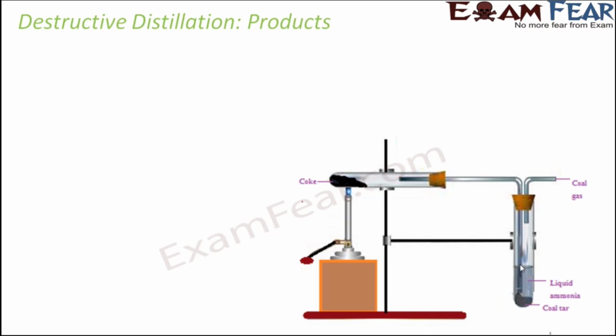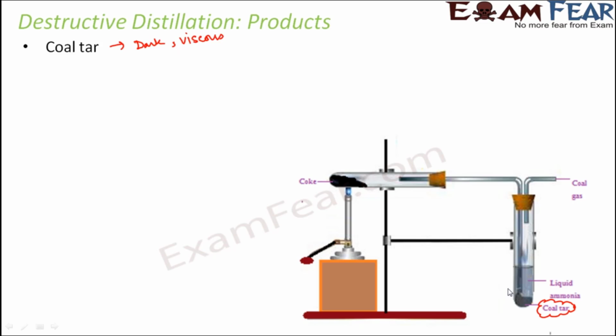These colorless vapors condense to form a black viscous layer at the bottom of the vertical tube, and this layer is called coal tar. If you see, it is a dark viscous layer. Coal tar is dark, almost black in color. It is a viscous liquid, so it seems to be very thick in nature.